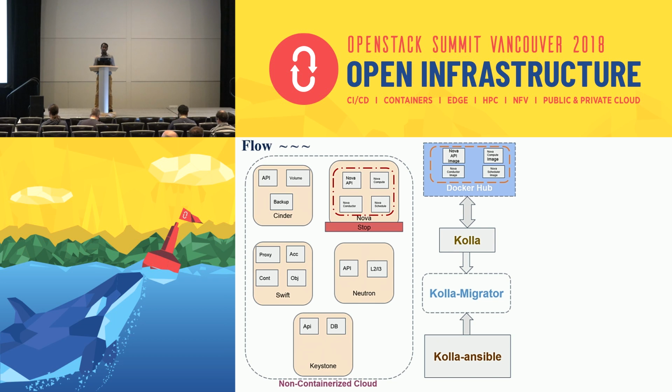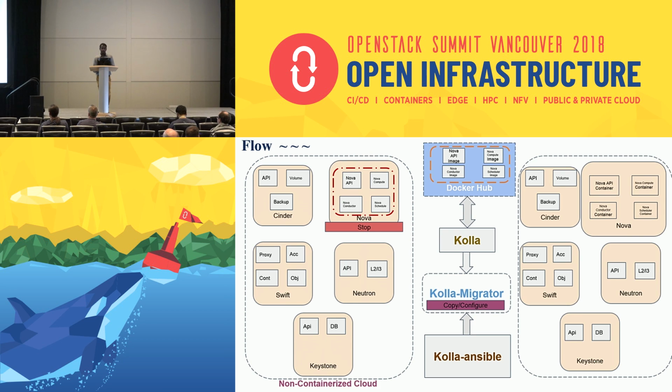Kolla Migrator will pull that image, and it will itself configure and check the version of what exactly you are migrating: the cloud version, the configuration, and where it is stored. Kolla Migrator will handle all of this migration, and Kolla Ansible is there to write to the appropriate nodes where the migration is done. The second step is to copy and configure the Nova service in the container one.